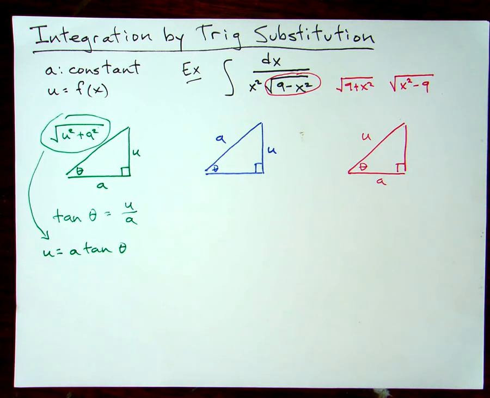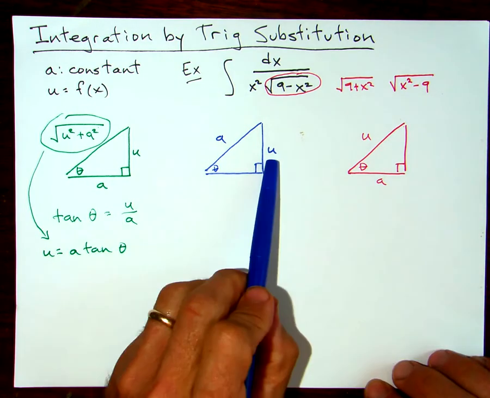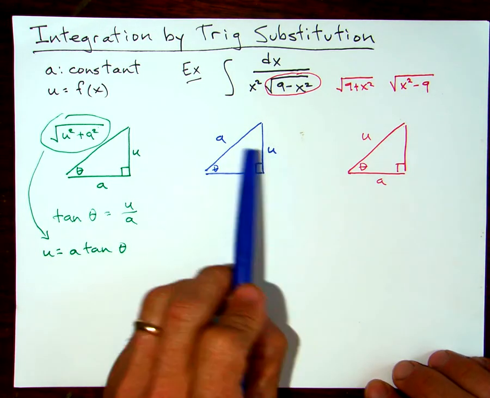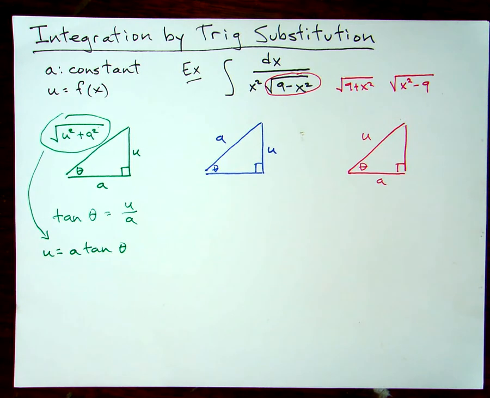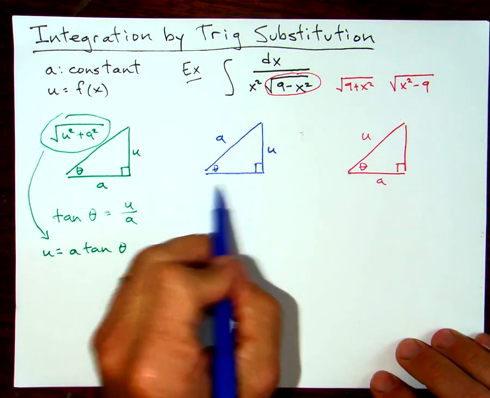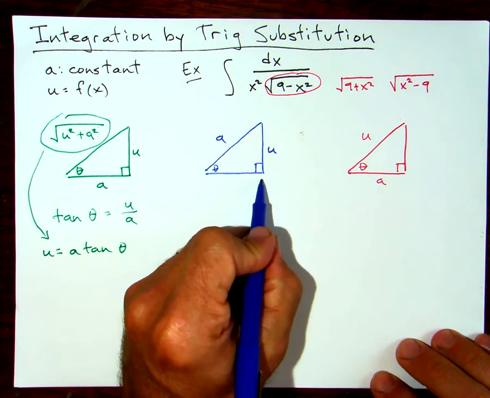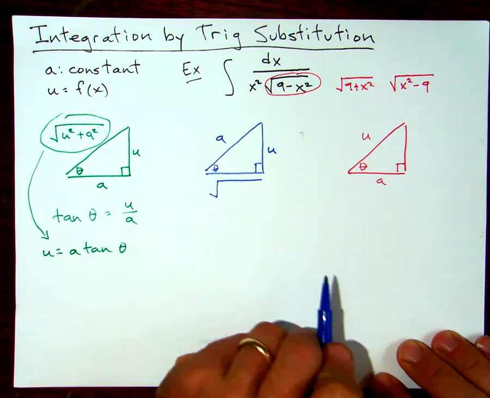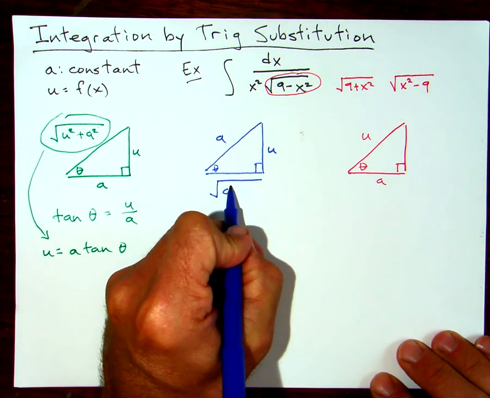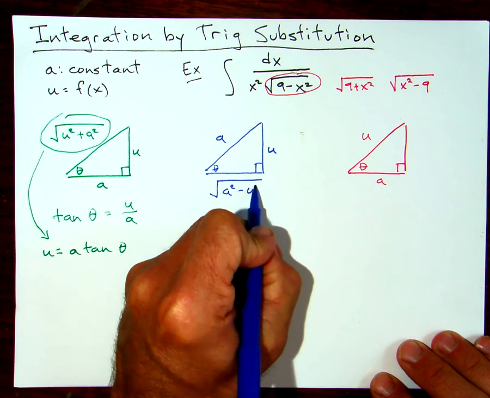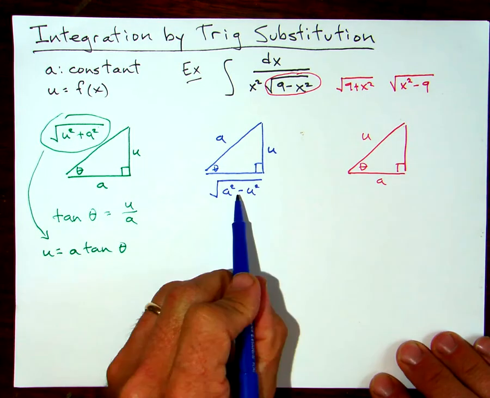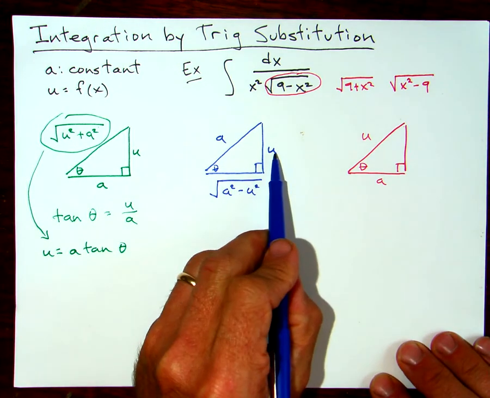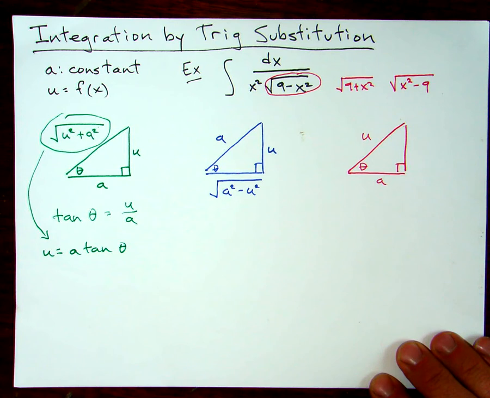Alternatively, we could have a scenario like this, where u is on the opposite and a is on the hypotenuse. Again, first thing is, let's use the Pythagorean theorem to solve for this side. Without going through all the details, that would give me the square root of a squared minus u squared. You can verify that, because if I square this and add them together, I get a squared, which I should by the Pythagorean theorem.